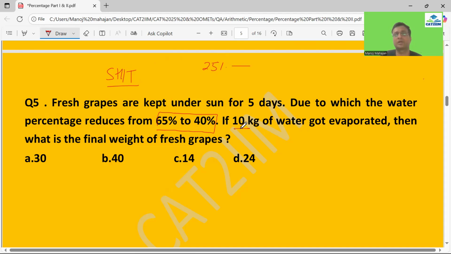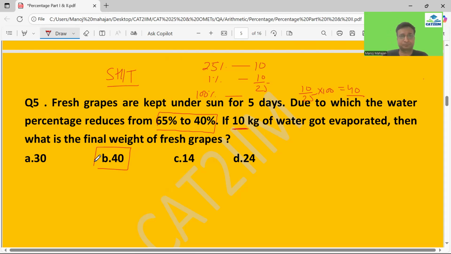And that difference they're going to equate to 10. So what is 1%? They're going to calculate 10 by 25. And what is 100%? They're going to calculate 10 by 25 into 100, which is going to give you 40. So they would love to mark option B, but later on they'll realize it's a wonderful blunder, and I'll tell you why.